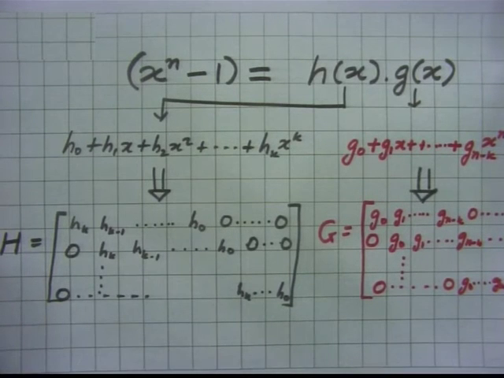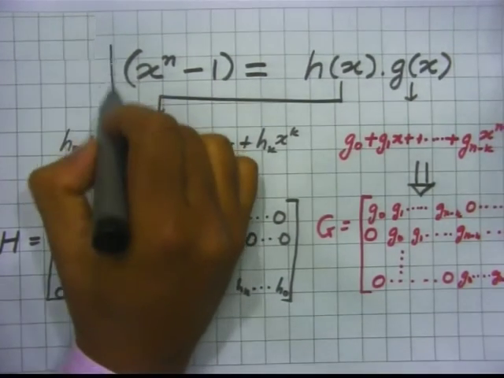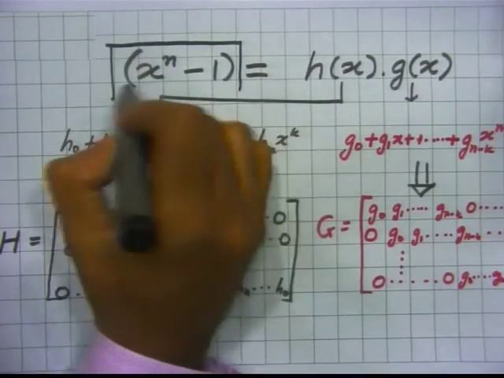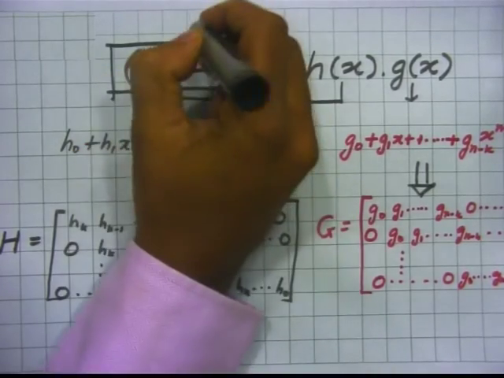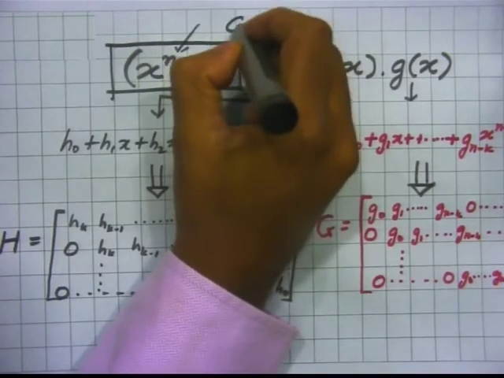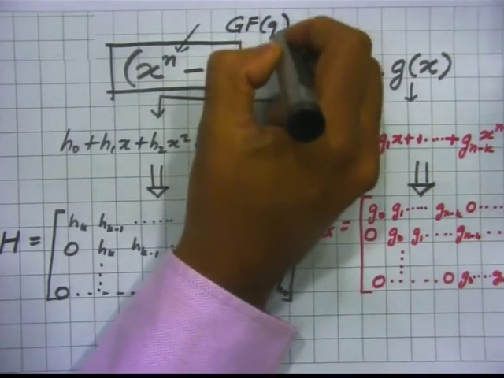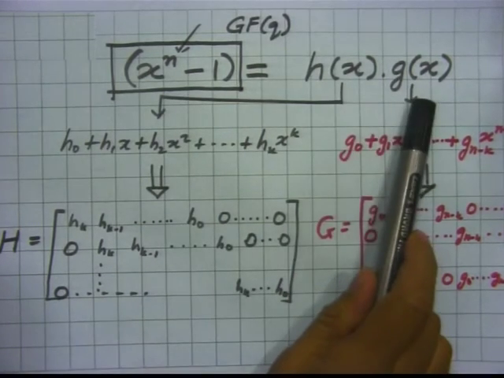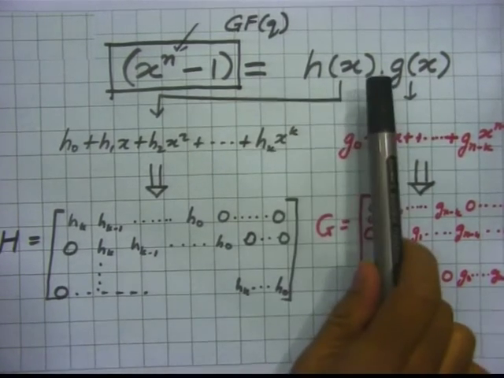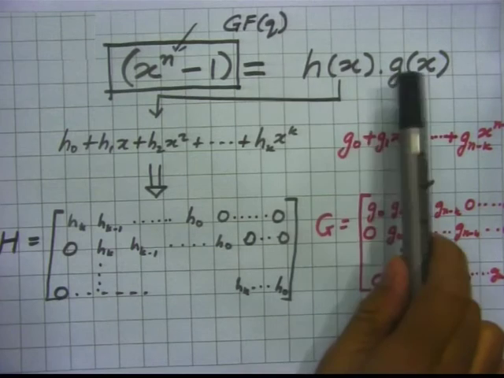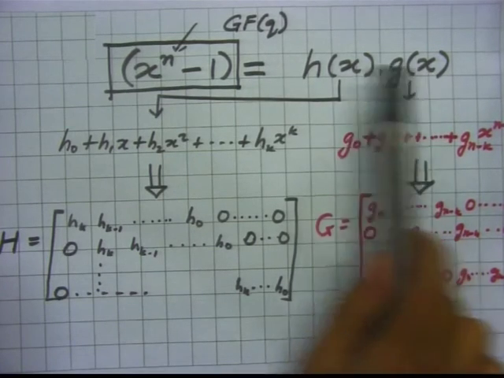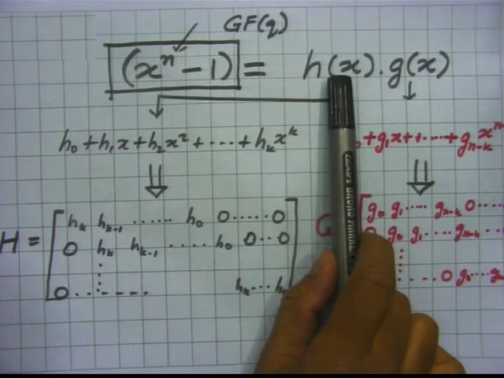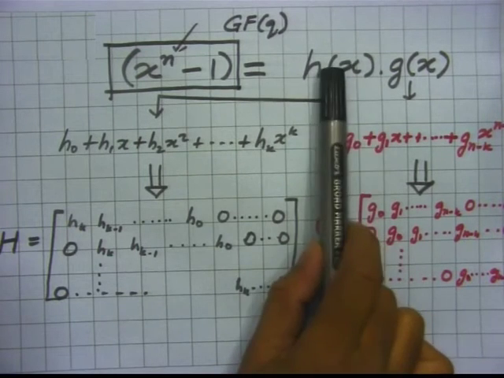So, the point is your starting point is x raised to the power n minus 1, for which once you know n and you know the Galois field, you are ready to factorize. Once you factorize, you get a great deal because you get g x and you get h of x free. But please remember, h of x is also a factor.